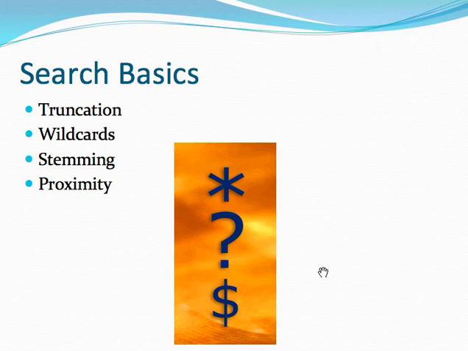For wildcards, it's a very good idea to use them when you are not sure about the spelling, or it may have different spellings, American spelling or British English spelling, for example. So you use a wildcard.